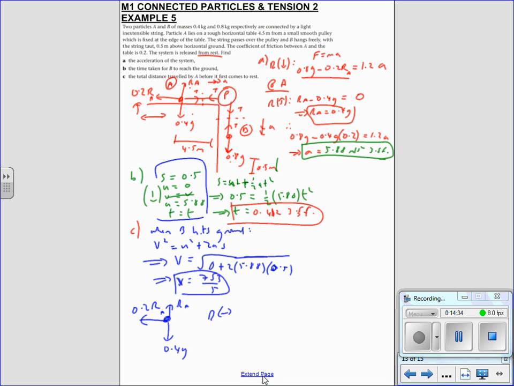So if I resolve to the right, because I need to know the deceleration, nothing's going to the right. Only 0.2 RA is going to the left, and we know that RA is 0.4g, and this is our mass of movement at the moment, so that's 0.4a. So therefore, a is going to be minus 0.2 times 0.4g over 0.4, so minus 1.96 meters per second squared.